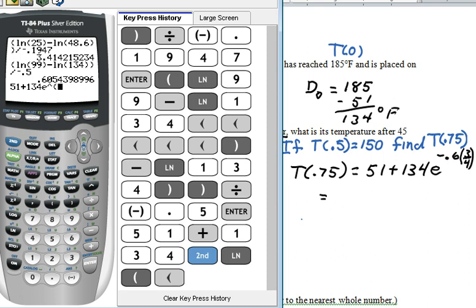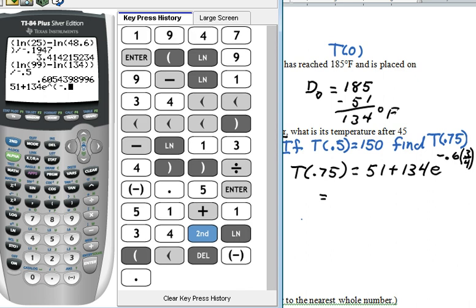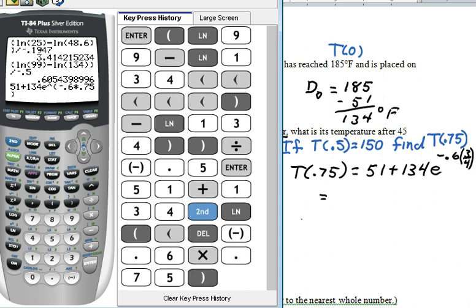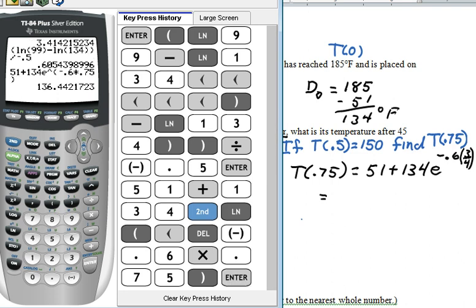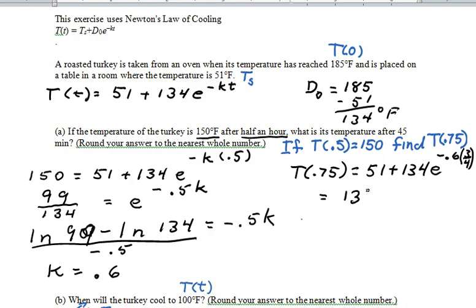I'm going to go back and take that parenthesis out, and it will be negative 0.6 times 0.75. Close the parenthesis, hit enter. And so the temperature to the nearest whole number would be 136 degrees Fahrenheit. So it started at 185. After half an hour, it was 150. After 45 minutes, it's 136 degrees.